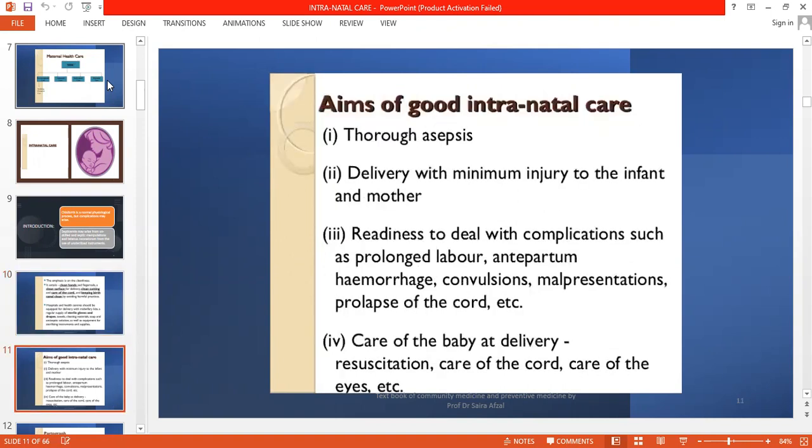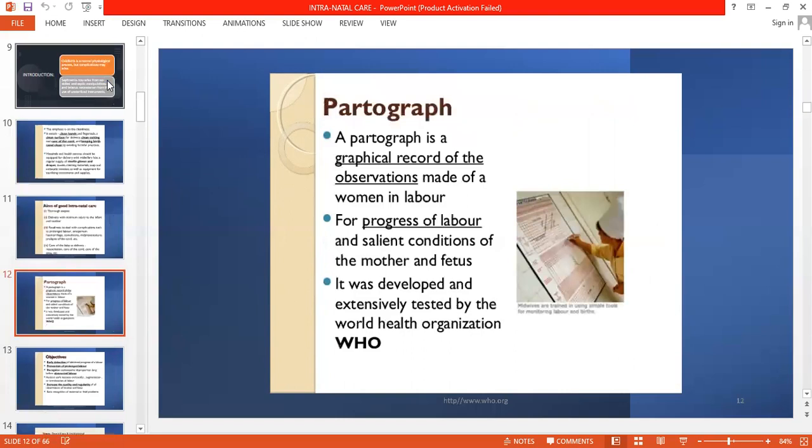There are many aims which we achieve by practicing good intranatal care: asepsis, delivery with minimum injury to the infant and mother, readiness to deal with complications such as prolonged labor, antepartum hemorrhage, convulsion, malpresentation, prolapse of the cord, care of baby at delivery, resuscitation, care of the cord, and care of the eyes of the neonate.